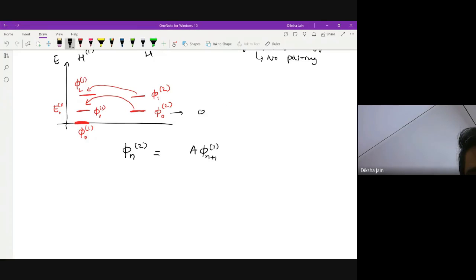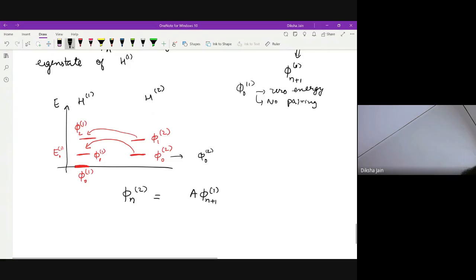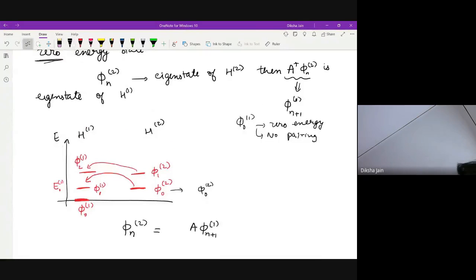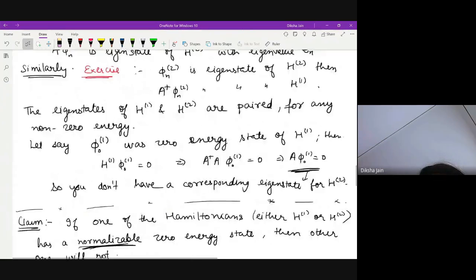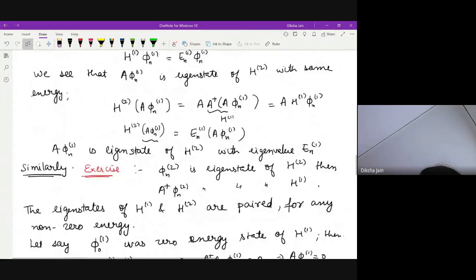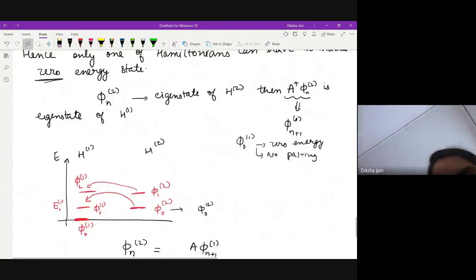So phi 0 of 2. One second, I got confused with A and A dagger. If phi 2 is the state, then the A dagger thing will be here. So this is A dagger.